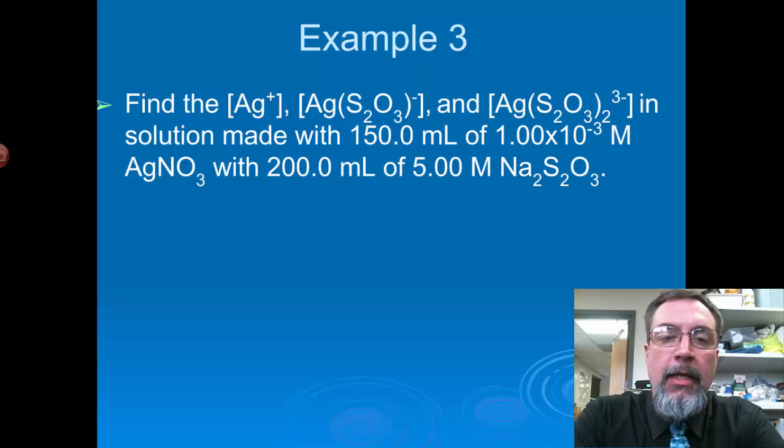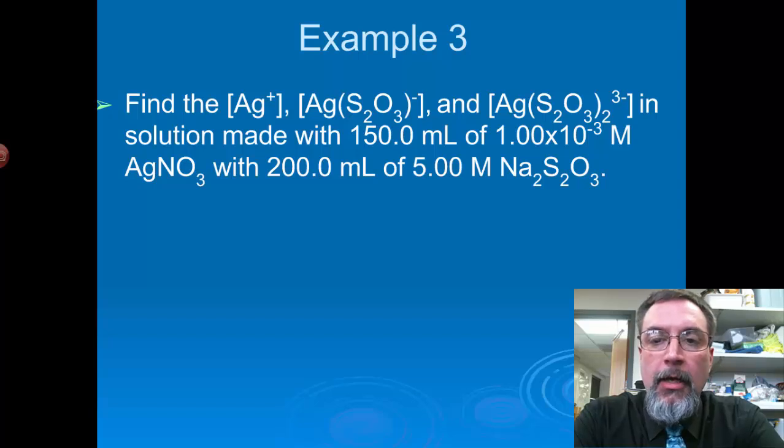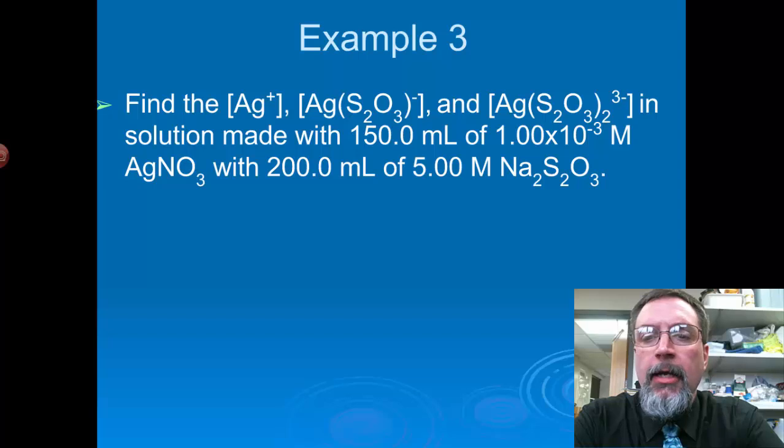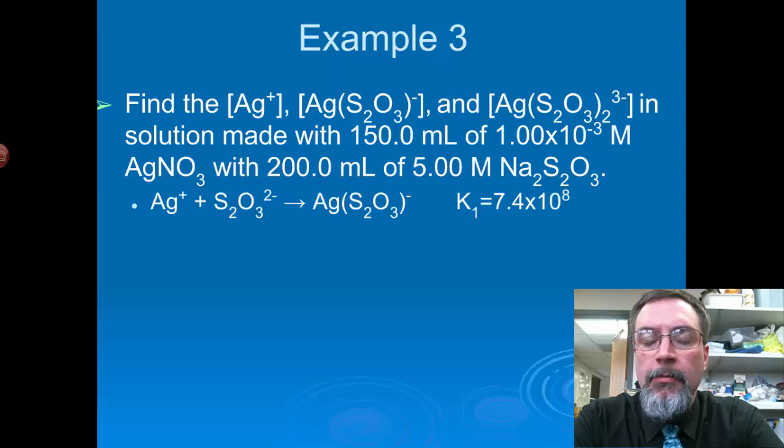So I'm going to create this complex ion, 2 of them actually. I'm going to take some silver ions from silver nitrate, and I'm going to put it into a solution that's very highly concentrated with sodium thiosulfate, S2O3 2 minus ions. Sodium spectator doesn't really matter, okay? So I'm putting the silver ion from silver nitrate into a very high concentration of thiosulfate ions.